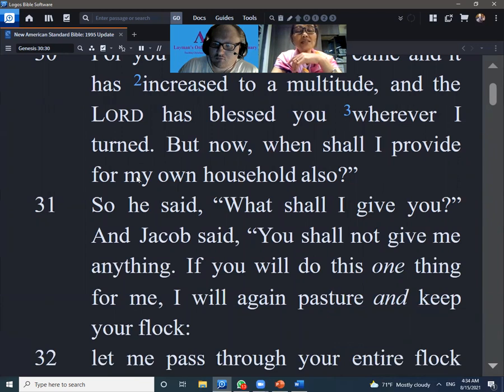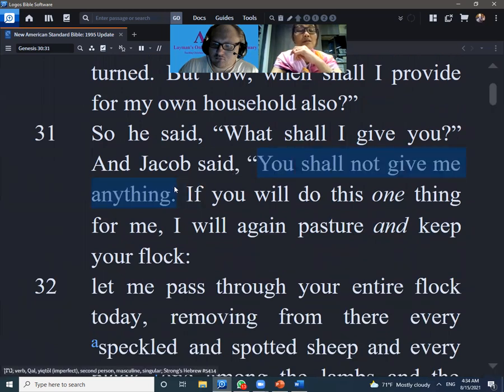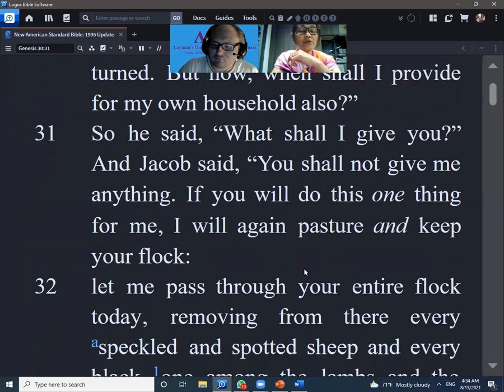So he said, what shall I give you? And Jacob said, you shall not give me anything. If you will do this one thing for me, I will again pasture and keep your flock.